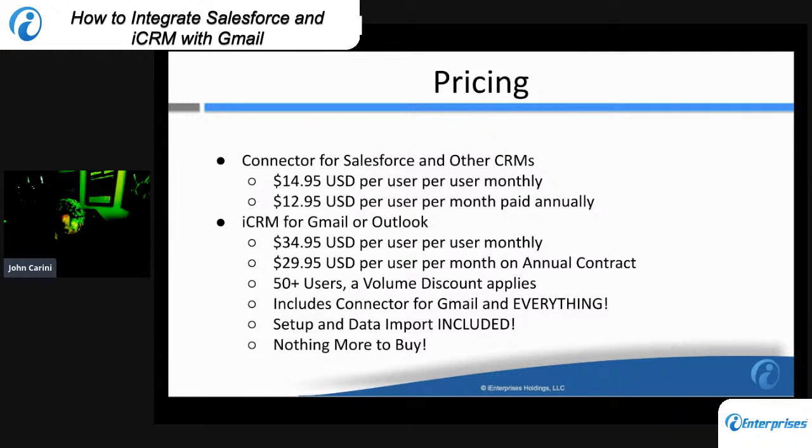Someone else is asking about the conversation view. I think that's a function of Gmail, but if you email me at support@iEnterprises.com, I'd be happy to try to answer your questions. But I think that when you're in conversation, all the messages are together in one message. So when you log it, it logs everything.